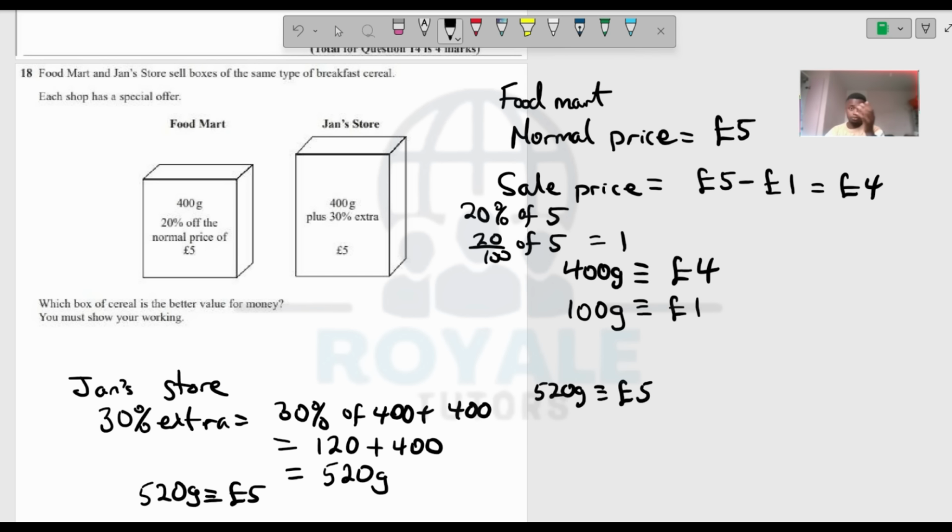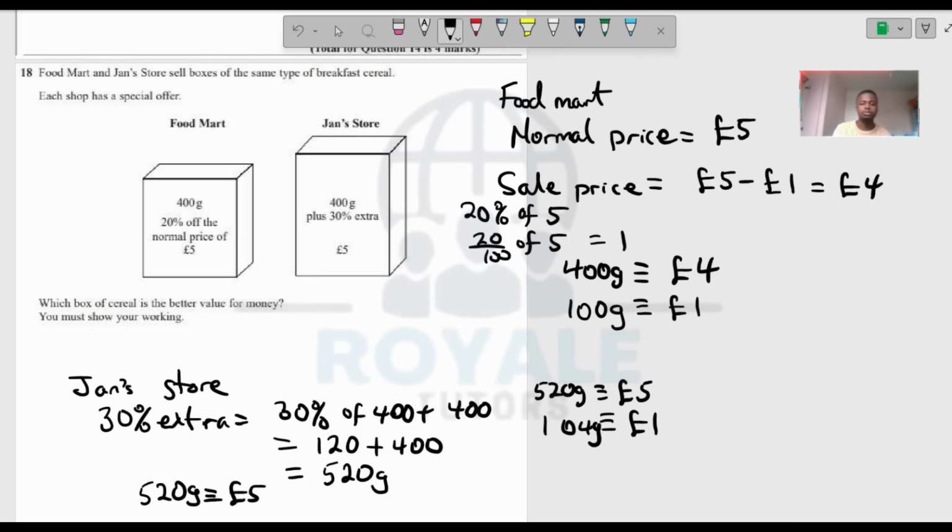The same way I did for Food Mart, I want to get what I will have for £1. That is dividing both sides by 5. So I have 104 grams. Looking at it, at Food Mart I'm going to get 100 grams for one pound, but at Jan's store I'm going to get 104 grams for one pound. This means that the store that gives me the better value for money is Jan's store.